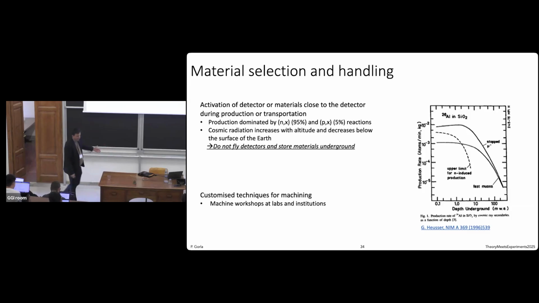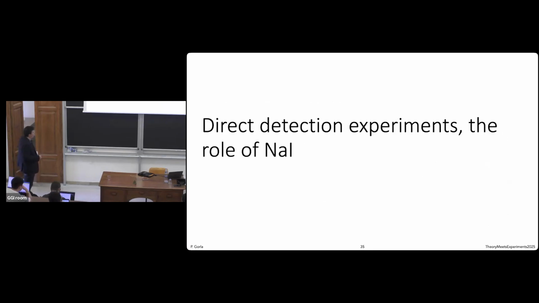So you store it underground for the long term, and you just bring it out for a piece of the time to get machined, then store it again, and then you assemble everything underground. So there are a lot of details you have to take care of to make experiments at the level of state-of-the-art technology nowadays.